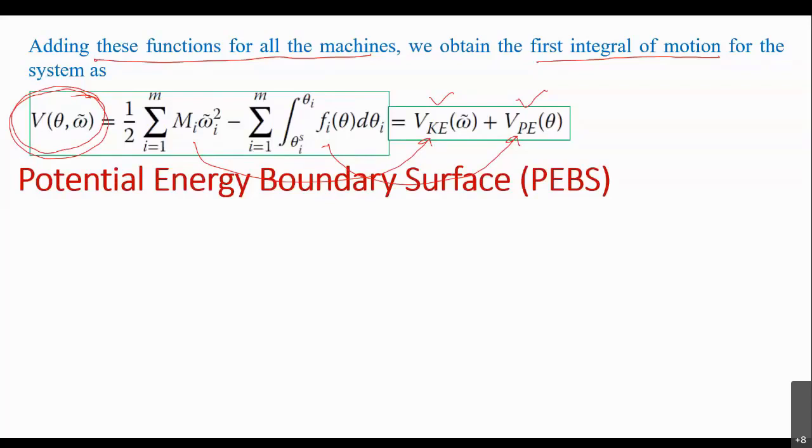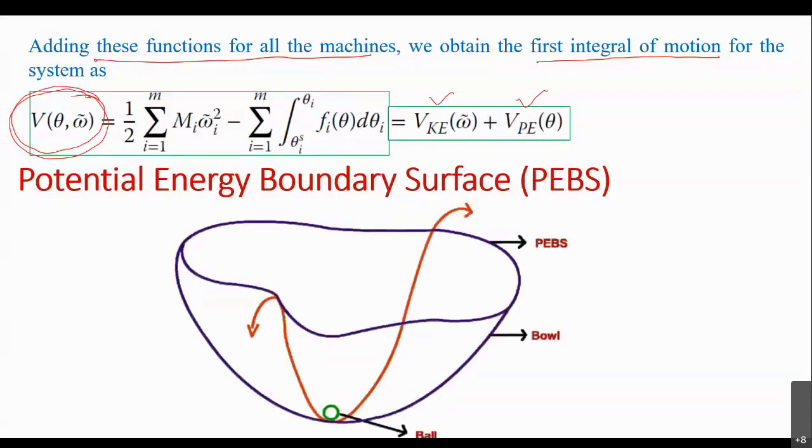First we will discuss the method known as the potential energy boundary surface method. We have already discussed it briefly, but we will discuss it more clearly here. A simple example is considered to demonstrate the potential energy boundary surface method, the PEBS method.